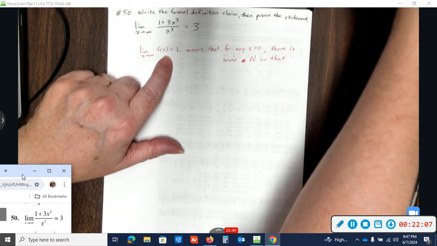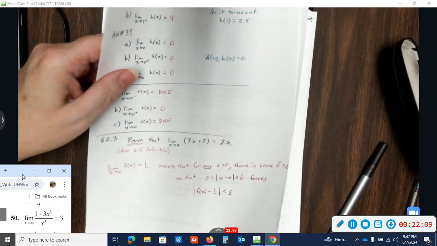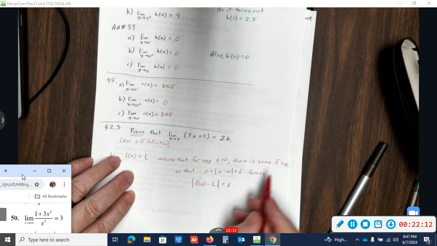In the normal limit definition statement, this is epsilon and delta.